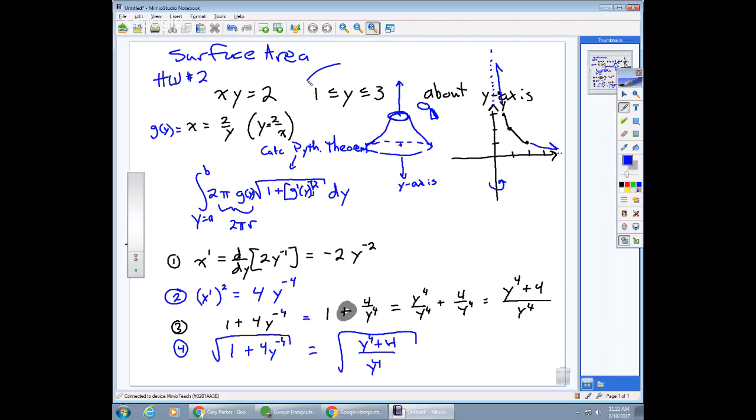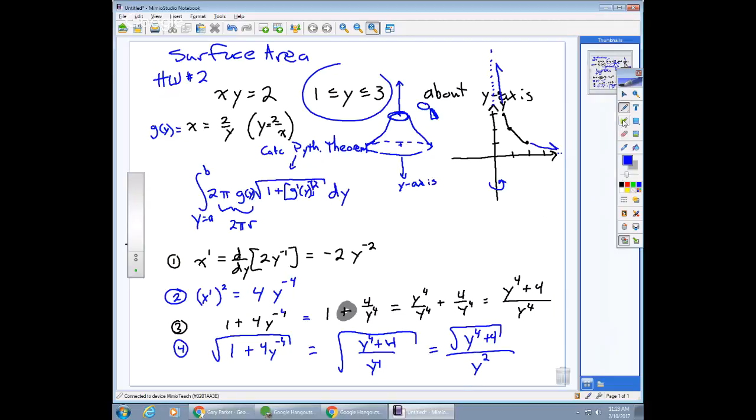And given our y values here and our 4th power, I think we're all positive. So I could rewrite this as the square root of y to the 4th plus 4 all over, what's the square root of y to the 4th? Y to the 2nd, good. So that's out of the root now, which is kind of nice. It looks more complicated, but I did get rid of the negative exponent and I did pull a y out, so that might help.